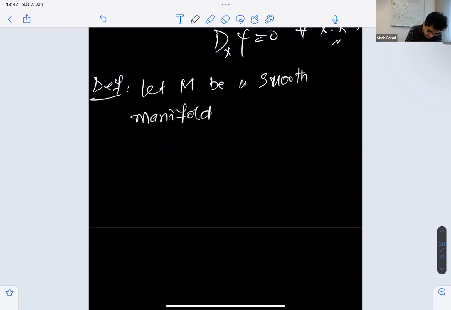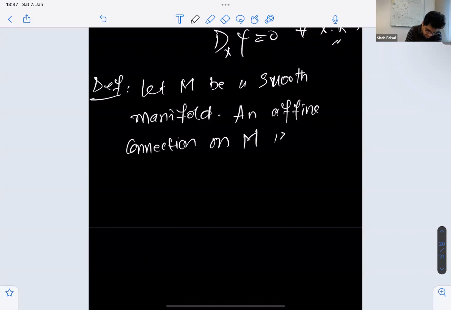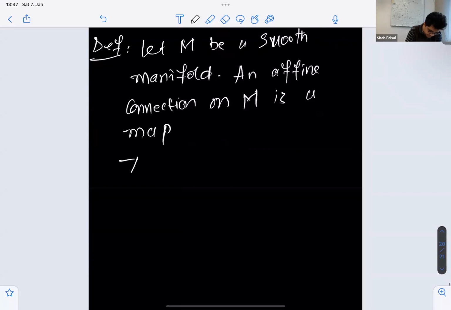Now, an affine connection on M is a map, let's say Nabla, that takes, remember, the space of vector fields times the space of vector fields into the vector fields.